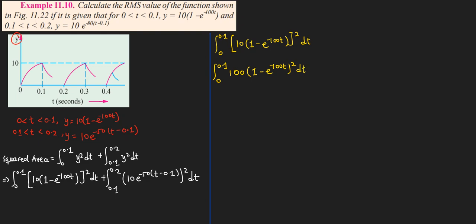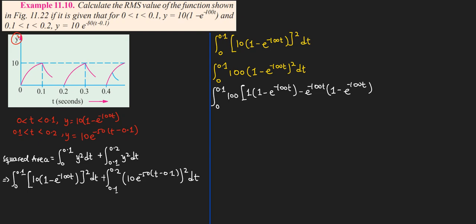Now let's expand what's in the brackets. You're going to have the integral from 0 to 0.1 of 100 multiplying, expanding the bracket, 1 multiplying (1 minus e to the power minus 100t), minus e to the power minus 100t multiplying (1 minus e to the power minus 100t).